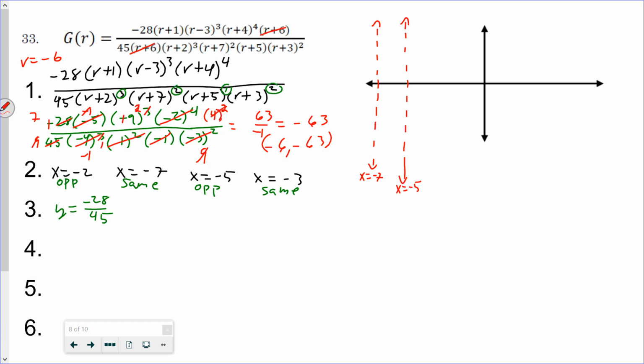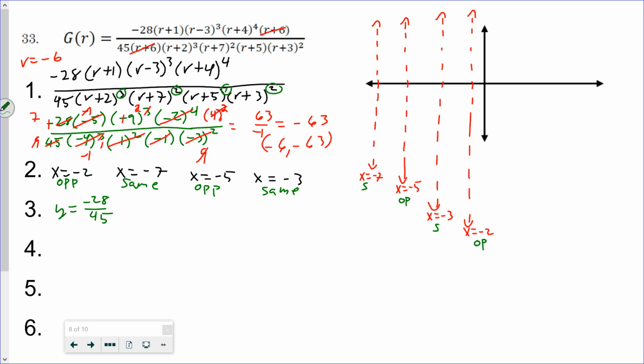Then negative 3, and negative 2 right here. And I'm going to label what happens at each of these points. So negative 7 is the same, so I'll put an S for same. Negative 5 is opposite, OP for opposite. Negative 3 the same way, and negative 2 we're going the opposite direction. All right, so that's what I have.